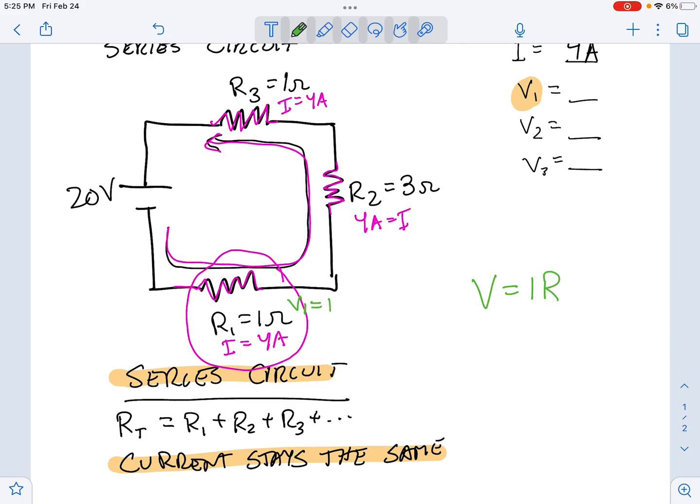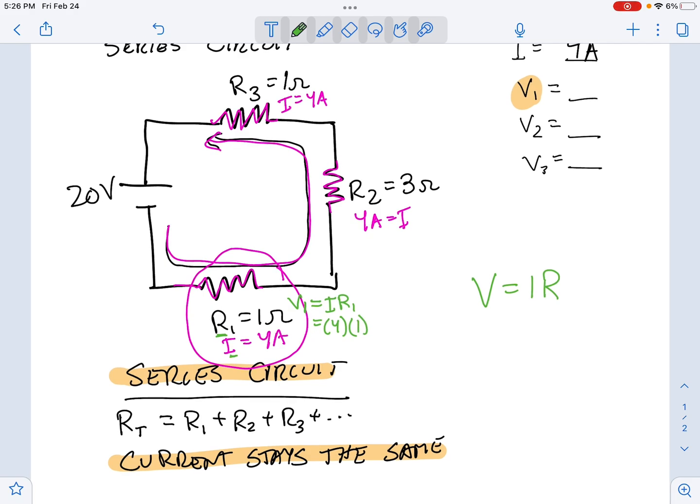V1 is going to be I times R1. Now if I plug things in, I plug in I, which is 4, and R1 is 1. So V1 is equal to 4 times 1, which is 4. And what's the units for volts? 4 volts.